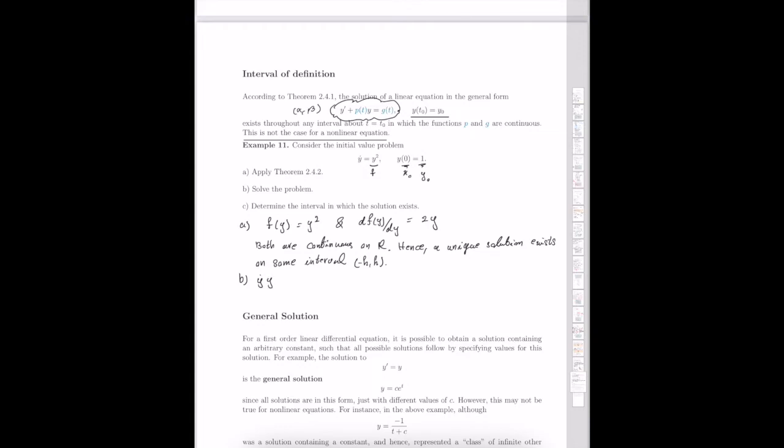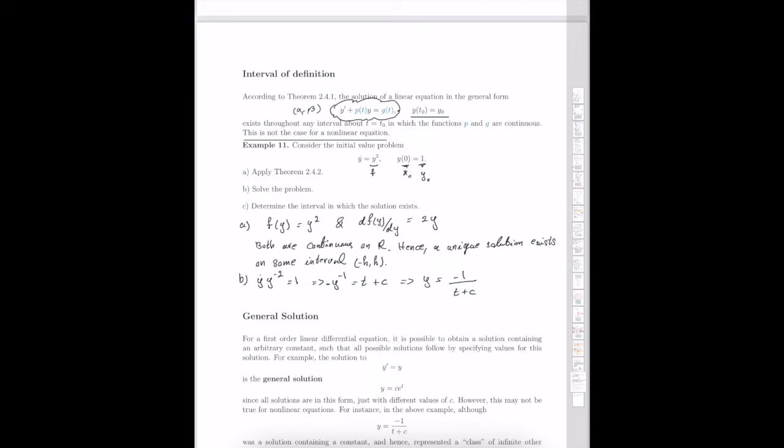I would like to write it down in this form, y to the power of minus 2 y dot equals 1, right? And therefore, this was really minus y to the power of minus 1, and the right-hand side was t plus some constant c. And if you solve this, you will get that y is equal to minus 1 divided by t plus c.